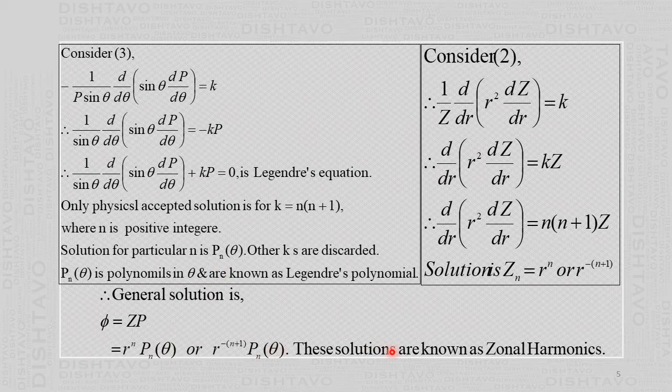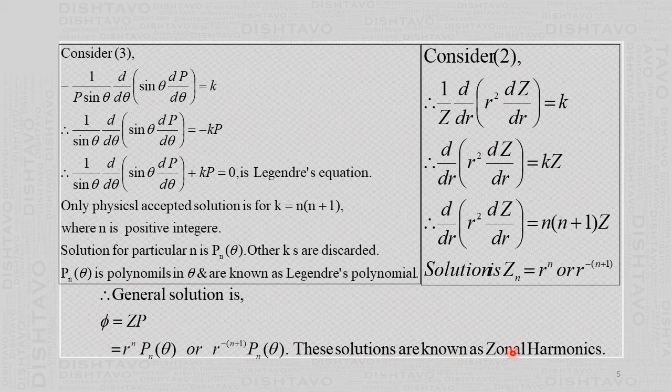So these are known as the zonal harmonics. Now here, for different values of n, you have to write it as a linear combination for the different values of n. For example, it is c1 r raised to 1 P1 theta plus c2 r raised to 2 P2 theta and so on. So when many solutions are there, a linear combination is also a solution, and that is what we had seen in theorem 1.